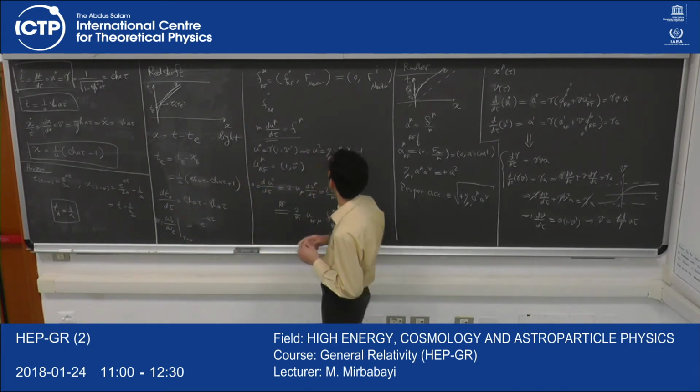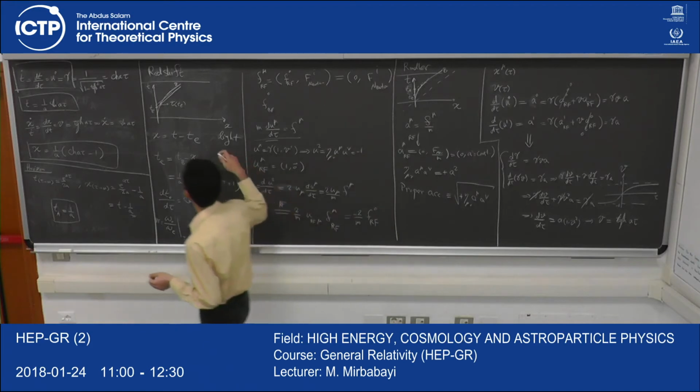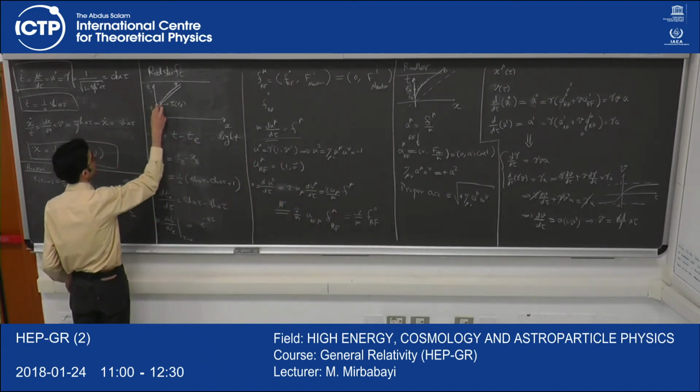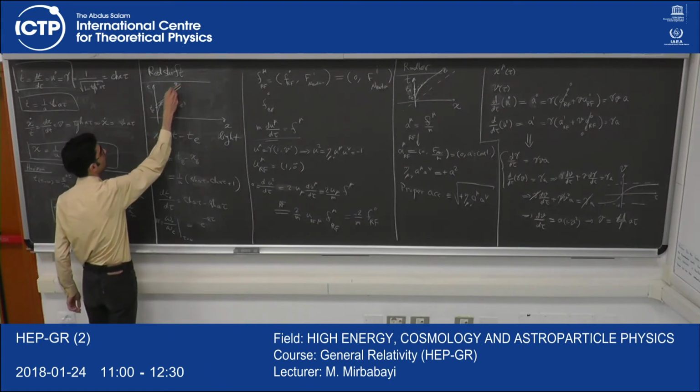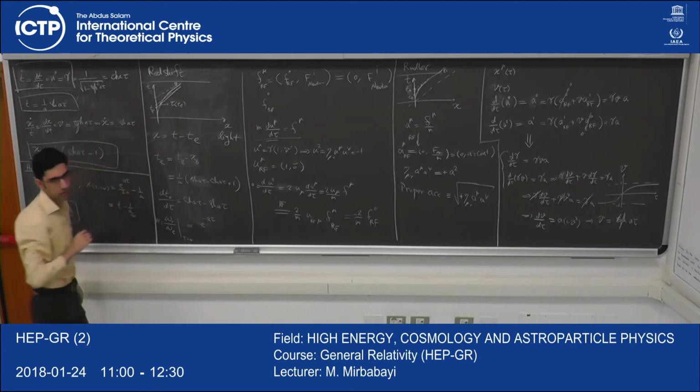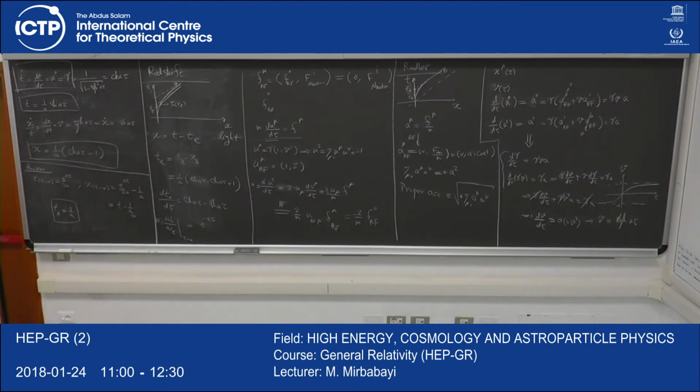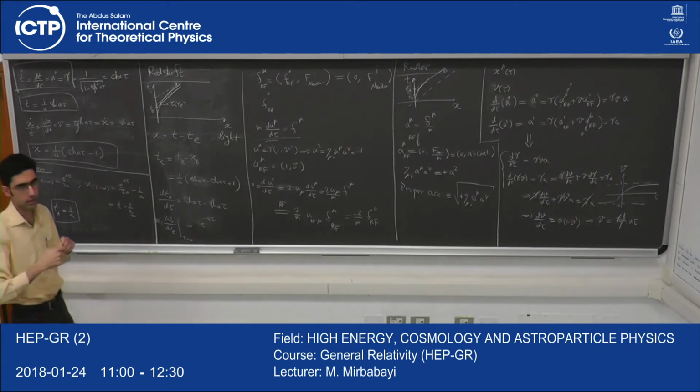So what does it mean? What it means is that, as we saw, there is some final time after which no messages arrive at Bob. So what happens is that the redshift goes to infinity.